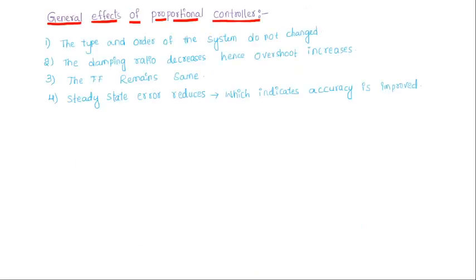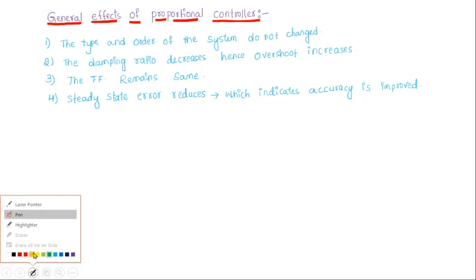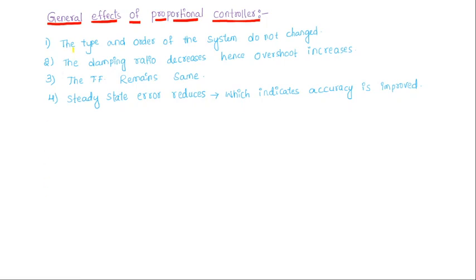Let me summarize all the effects of adding the proportional controller. By adding the proportional controller, the type and the order of the system are not changing, because we are not adding any poles or zeros in the system.